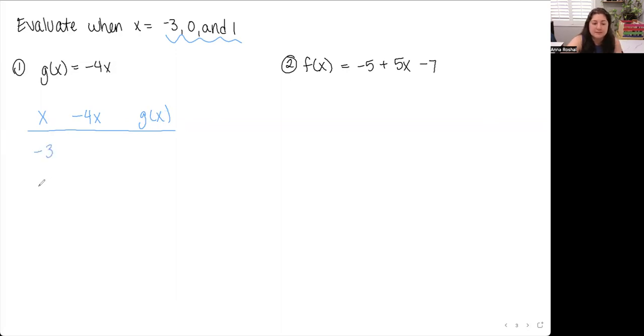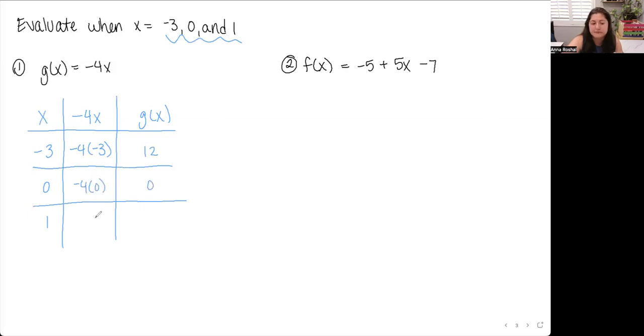We're going to put in place of x -3, 0, and 1. Okay. And so I'm going to do -4 times -3. That's going to be 12. -4 times 0 is 0. -4 times 1 is -4.